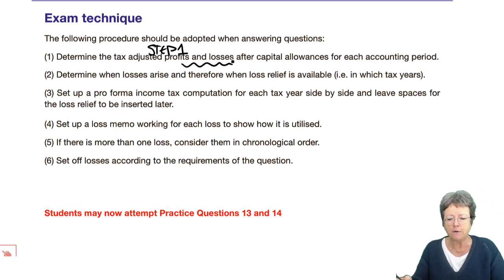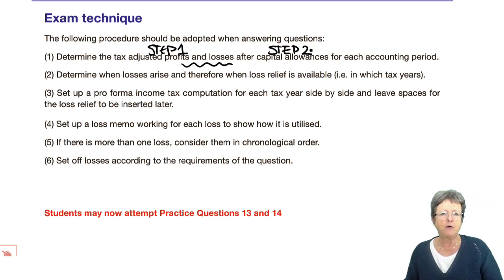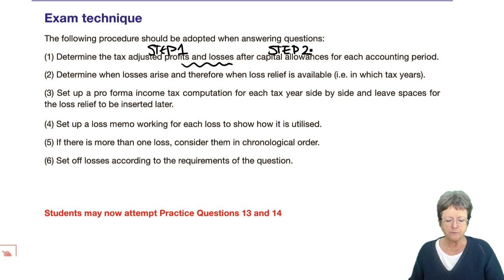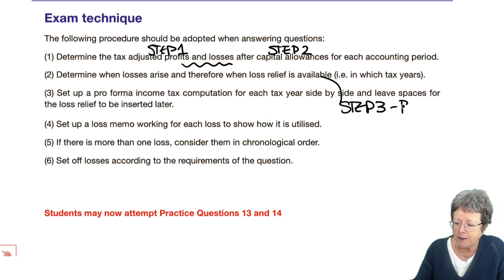Step 2, capital allowances, which will then give us adjusted profits. Determined when the loss arises, and therefore when loss relief is available. So that's step 3, which is our basis periods.